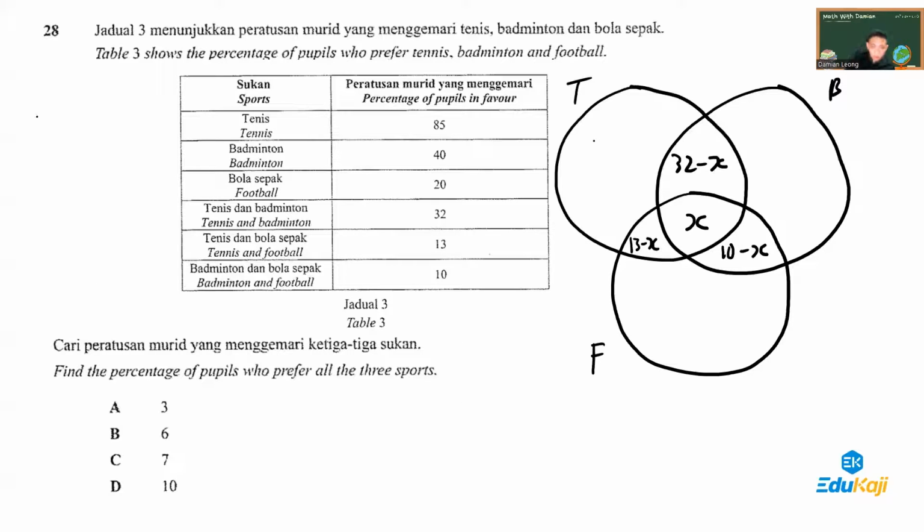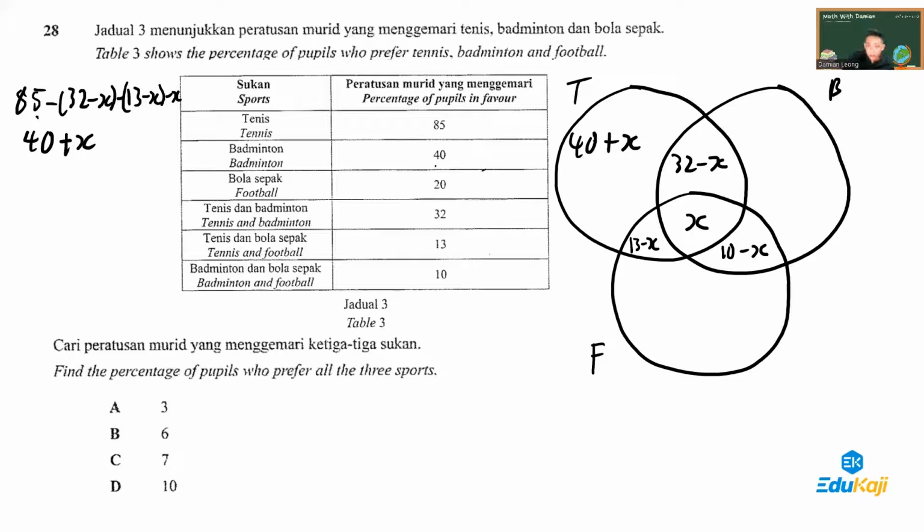Okay. So 85 minus 32 minus x minus 13 minus x minus x. Same sign becomes plus. So plus x minus x is plus x. 85 minus 32 minus 13 is 40. So 40 plus x.